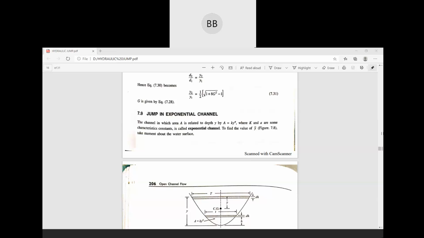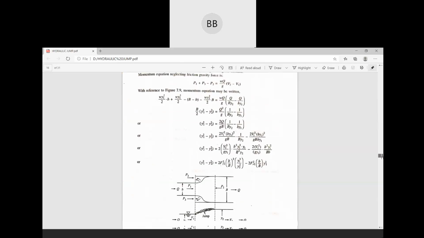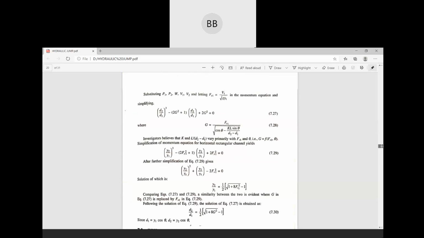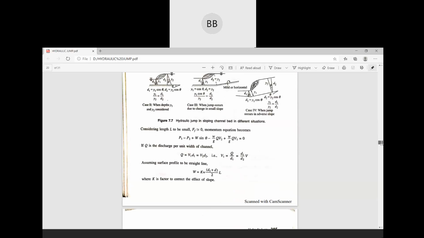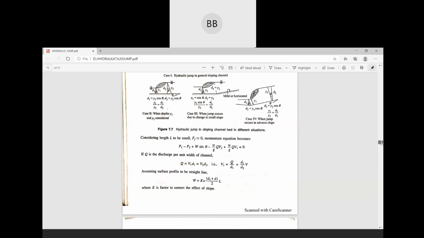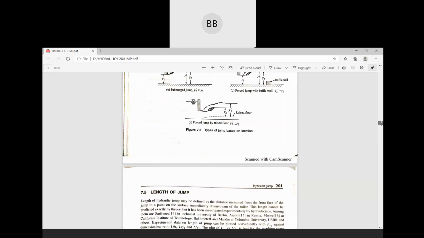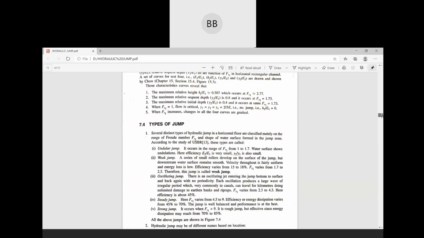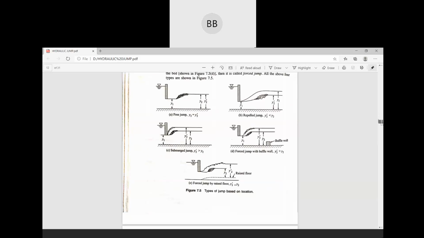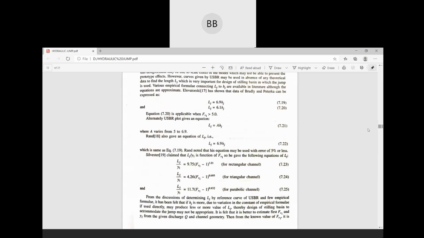Then I think we have discussed losses of energy also. Then I think the length of the jump we have discussed.